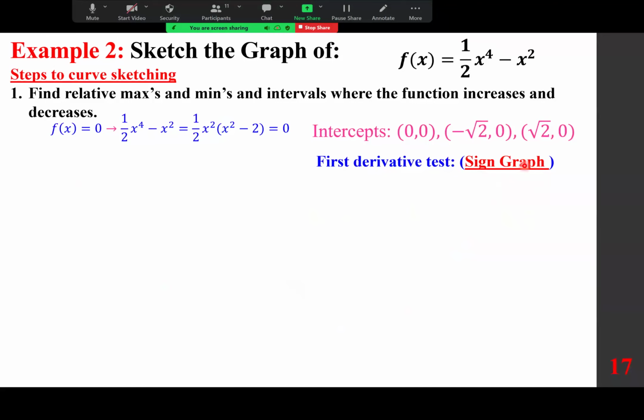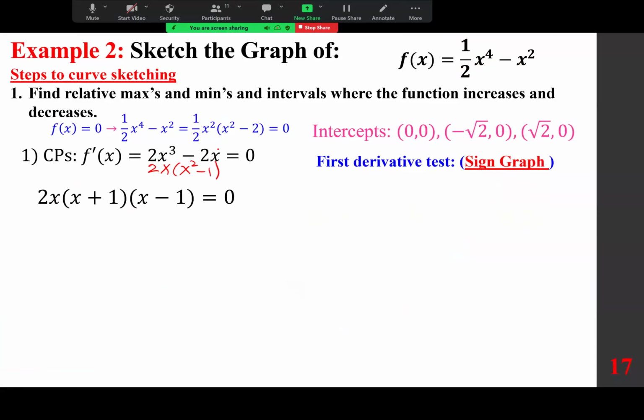That means we have to come up with f prime of x, which is 1/2 times 4, 2x cubed minus 2x. We set this equal to 0 by factoring the 2x out. And it becomes 2x times (x squared minus 1), which is 2x times (x plus 1)(x minus 1).